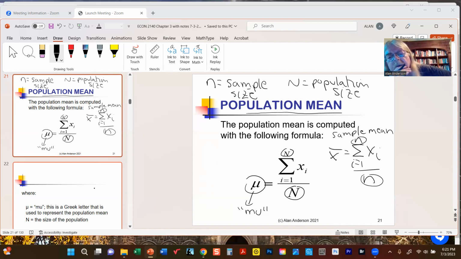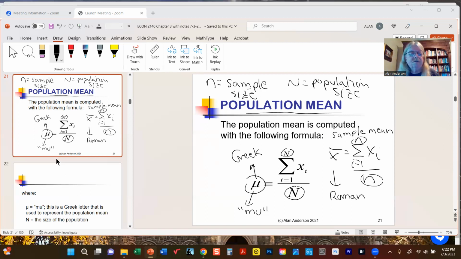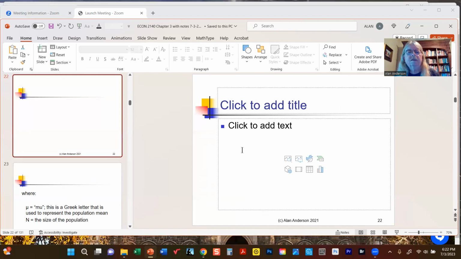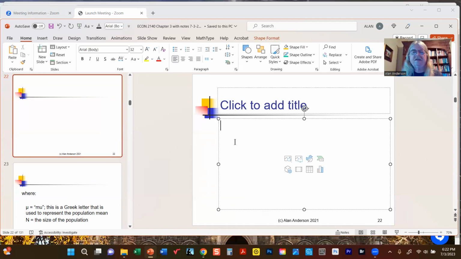Now, one other thing I want to point out here is if you notice, X is one of the letters that we use every day. This is taken from the Roman alphabet. This is taken from the Greek alphabet. So the convention we'll use going forward is this. Okay, let me just make a note of this.